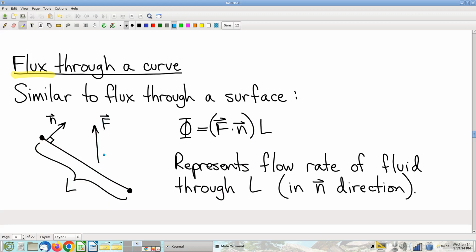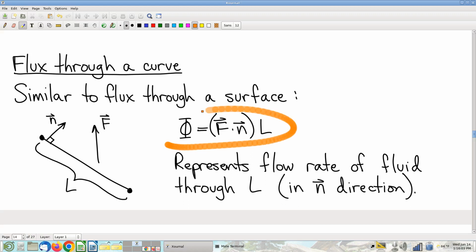The point is, to what extent is the vector field going perpendicular to the curve, in other words, through the curve, as opposed to along the curve. And so that means I need to know the component of the vector field in the direction perpendicular to the line.